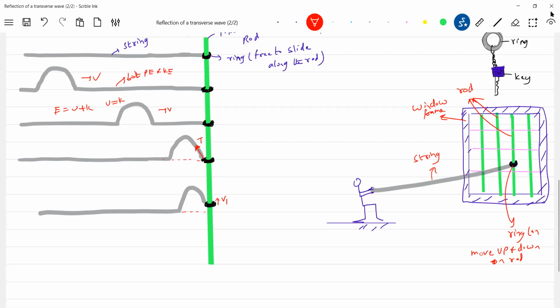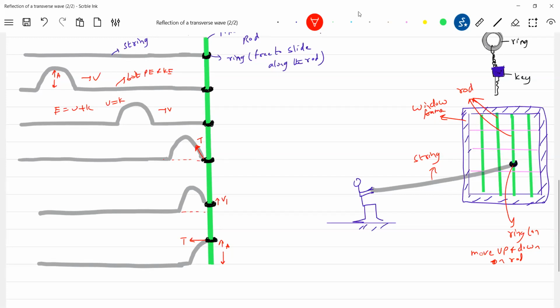And finally, in the next position, let me indicate the amplitude. The tension in the rope will be acting on the ring in this direction.